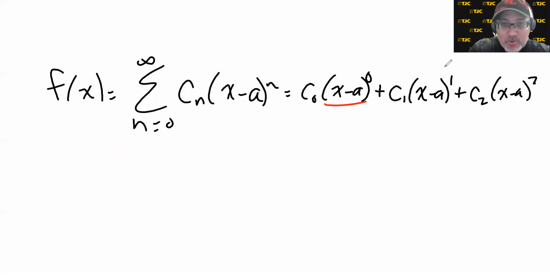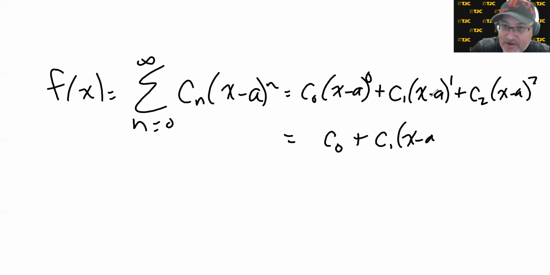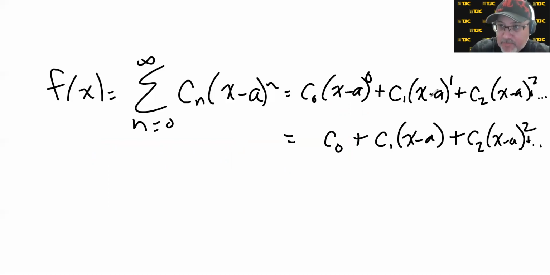And so in that case, we can rewrite this expanded version of the series as just c0 plus c1 times x minus a plus c2 times x minus a in parentheses squared, and so on and so forth. So this way we don't have to say that's what the series equals except when x equals a.